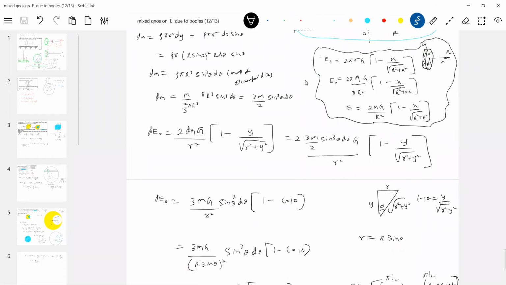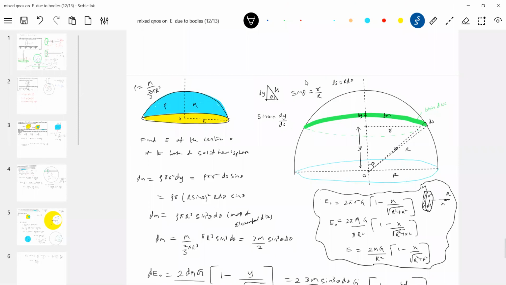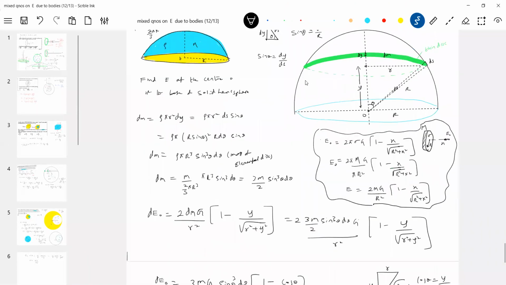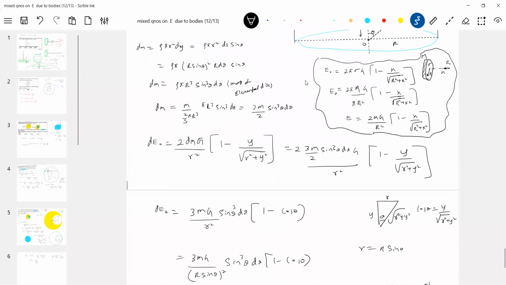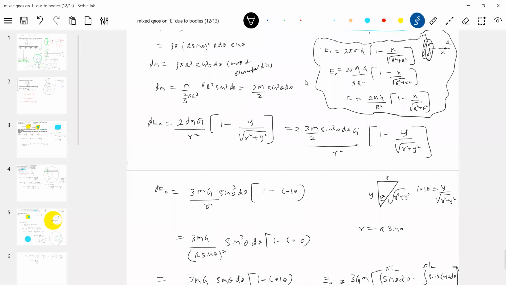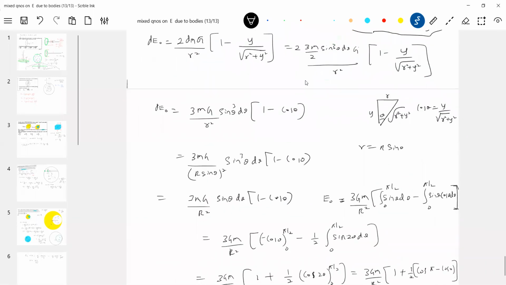Cos theta replacement, okay. Then sine theta. Small r is what? Sine theta d theta.